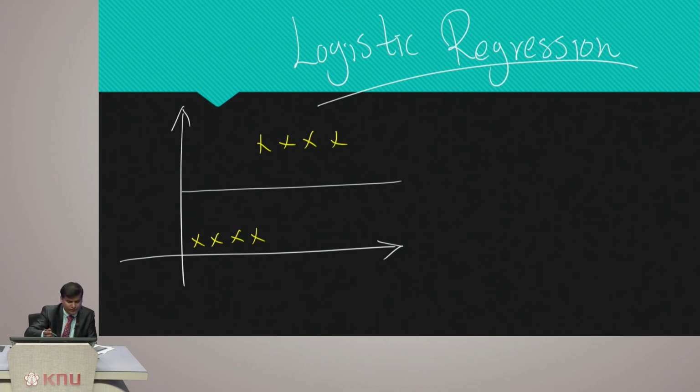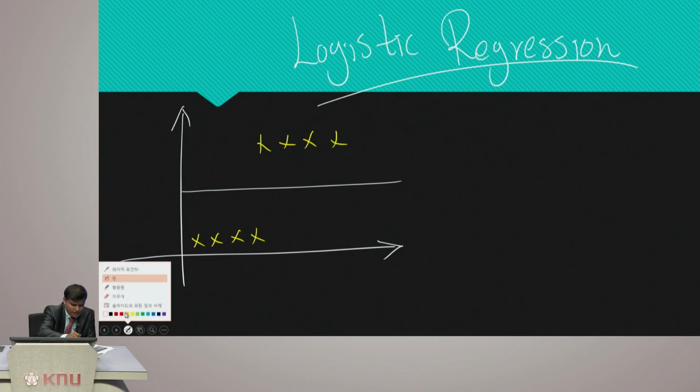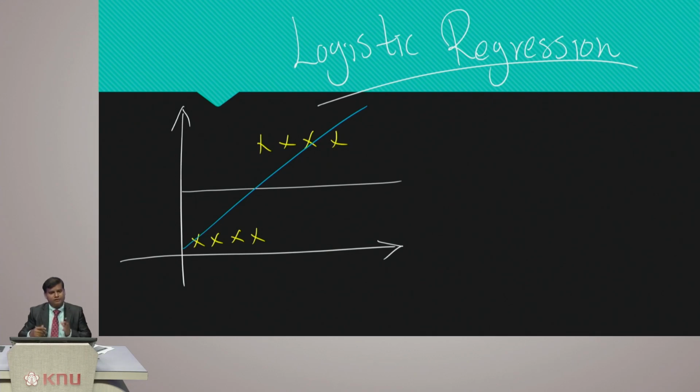How do you fit this kind of data? If I go by the traditional way, we are going to use a linear regression line, but this doesn't fit all the data, and that's a question, right? Because even if you take the residual error, it's going to be huge, and when it's huge, we know that it doesn't provide any benefit.